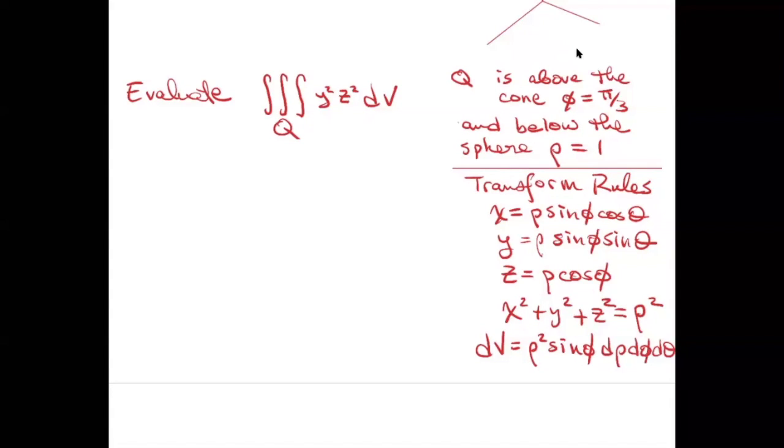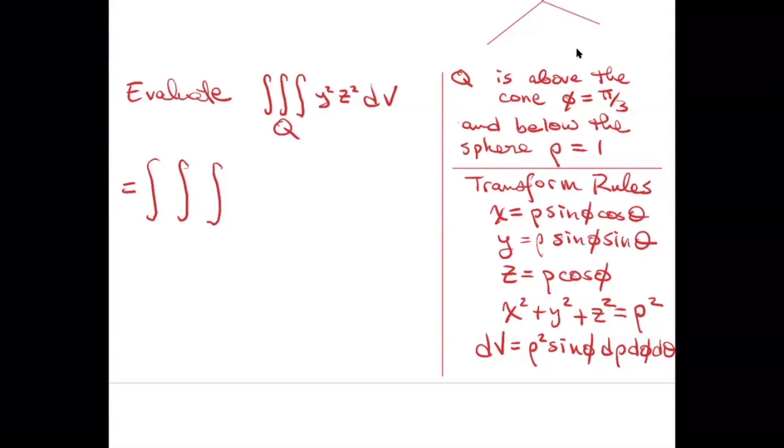You need all of that to do this problem. Well, you don't need the x coordinate because I don't see any x's in this integral. Okay, here goes. The limits look like they'll be easy because we have two fundamental shapes bounding the solid.